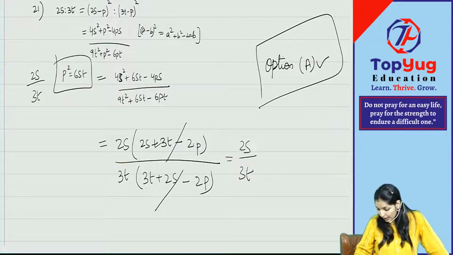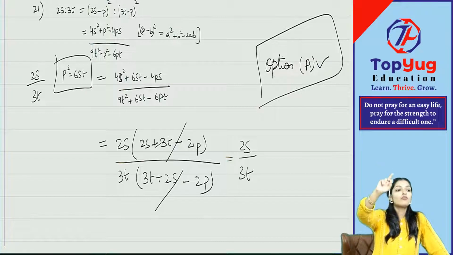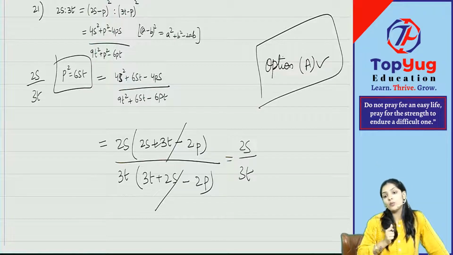And one more thing, the 10th one, which was brought to my notice by Anshika. I must admit that she is a very smart girl. The answer is 2 is to 21. In the 10th one, we have to multiply 3 into 7. So 3 into 7 is nothing but 21. So 2 is to 21 is the answer.